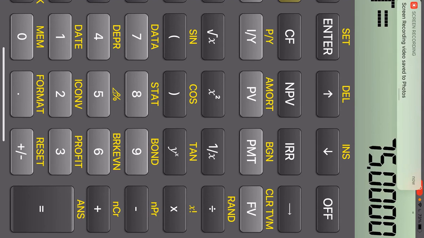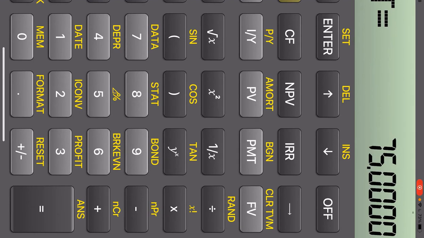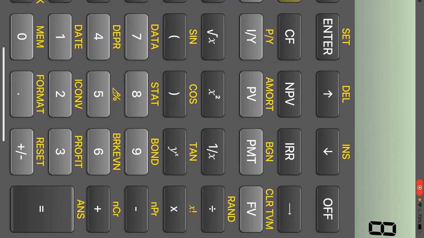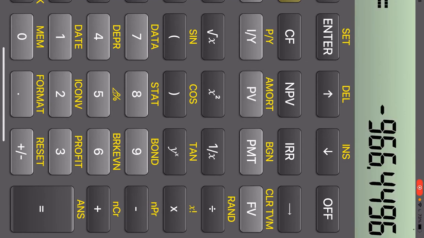Because we're looking at the bond price after 20 years, and we assume after 20 years, the yield would be 8%. And we have 10 years left. So let's compute the present value. Okay, now we're having this same answer, $966.45.